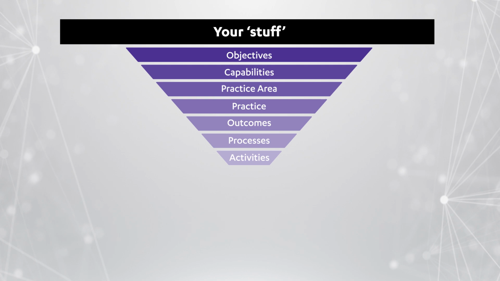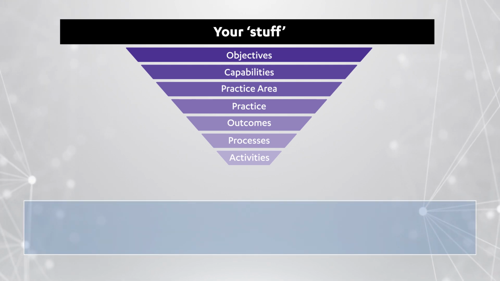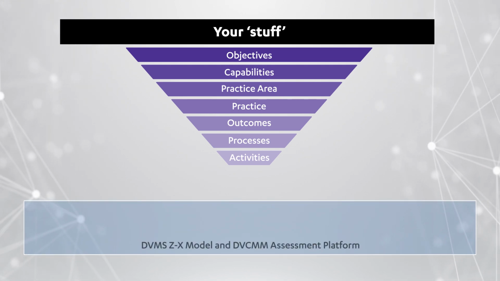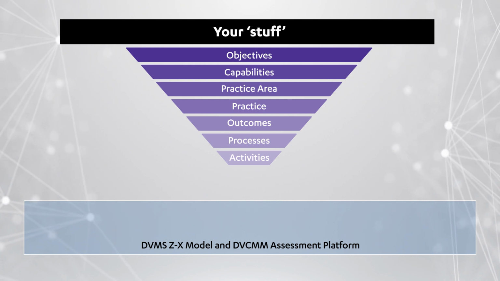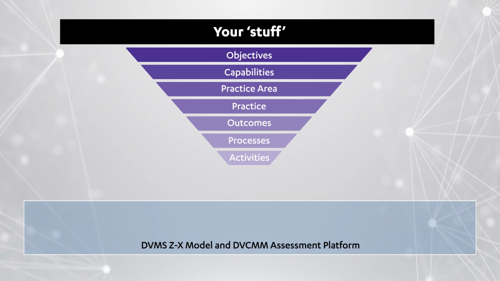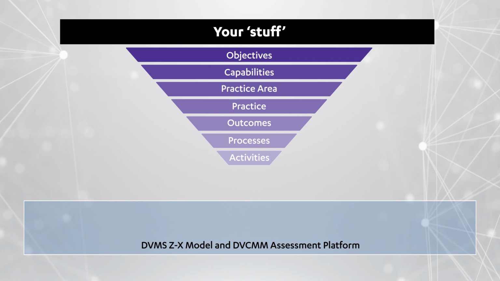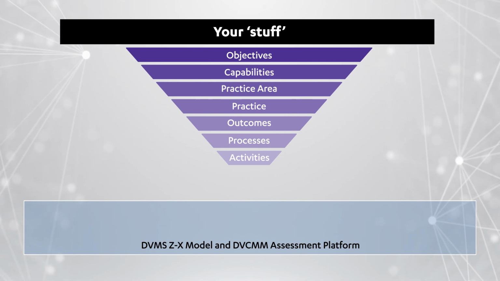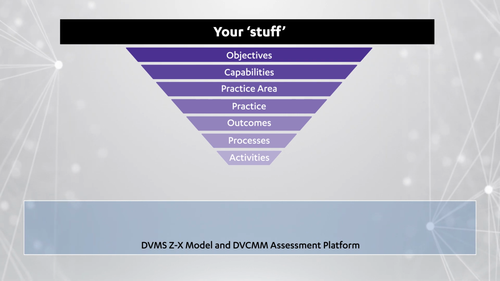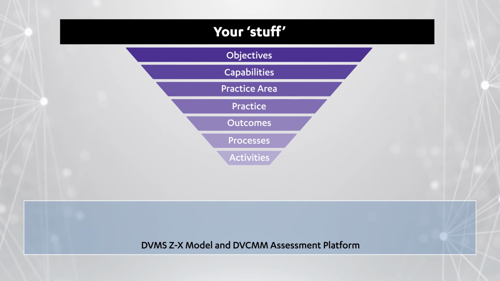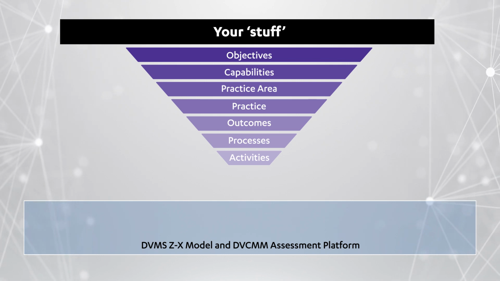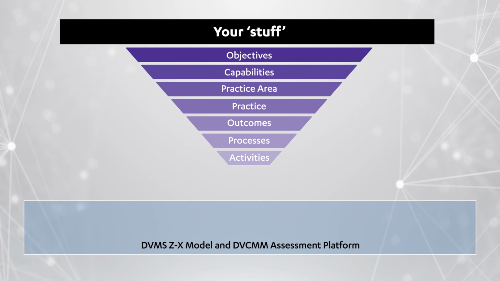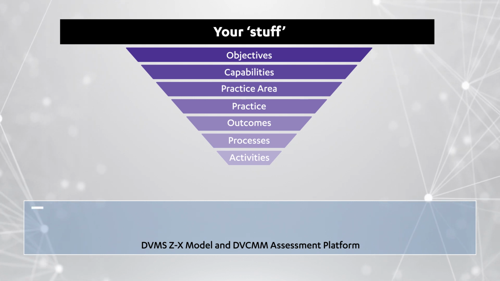So, the first aspect of the overlay is what we call the ZX model. The intent with the ZX model is to look holistically at 7 core areas of practice that organizations need at some level, with some level of capability, to be able to successfully create, protect, and deliver digital business capabilities.